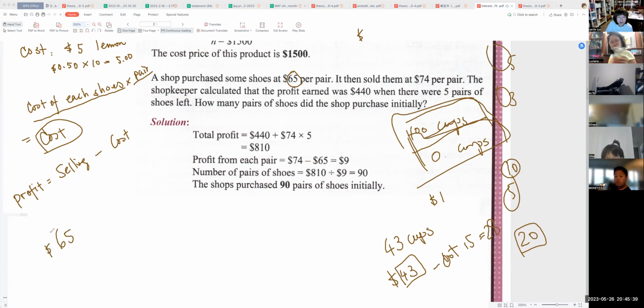65块钱，这个是什么？That's the cost of each shoes. Correct, everybody?